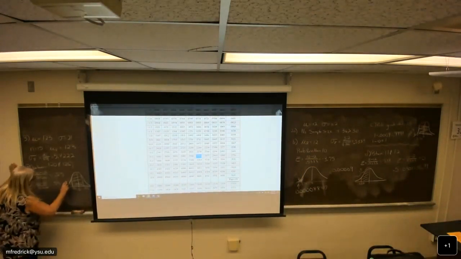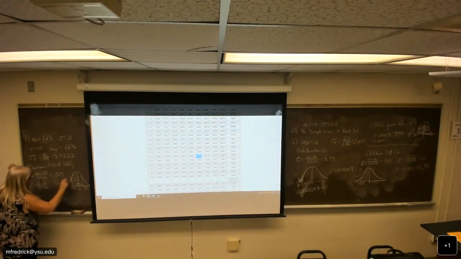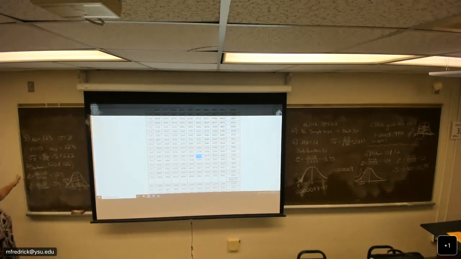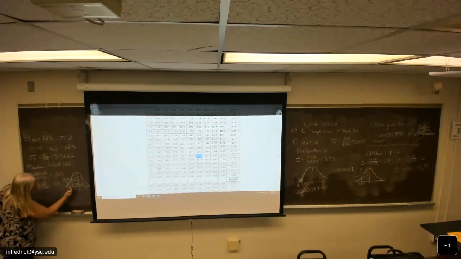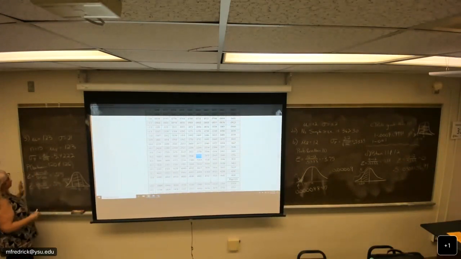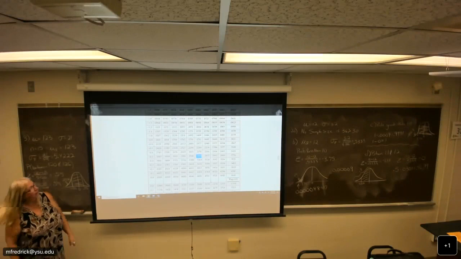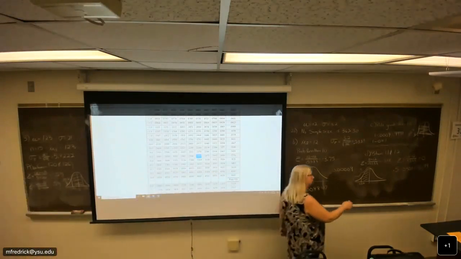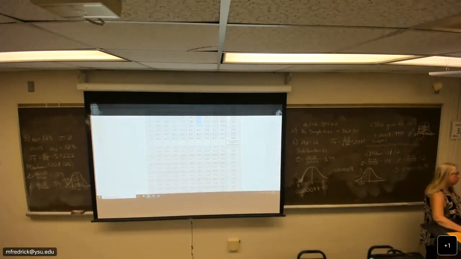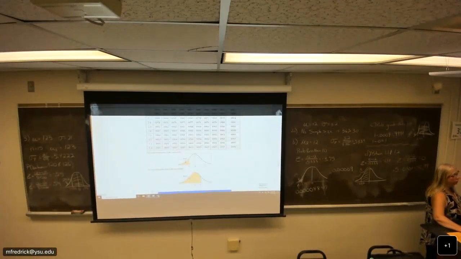That gives us this, because when we look below, the table always gives us below. It's always giving below. So when we look up 0.55, it's going to give us this. But we only want in between, so if we take this one and subtract this, we'll be left with that middle part.